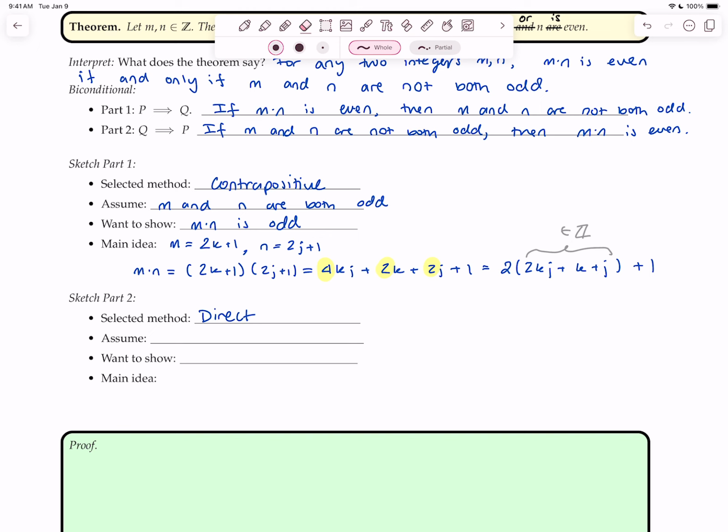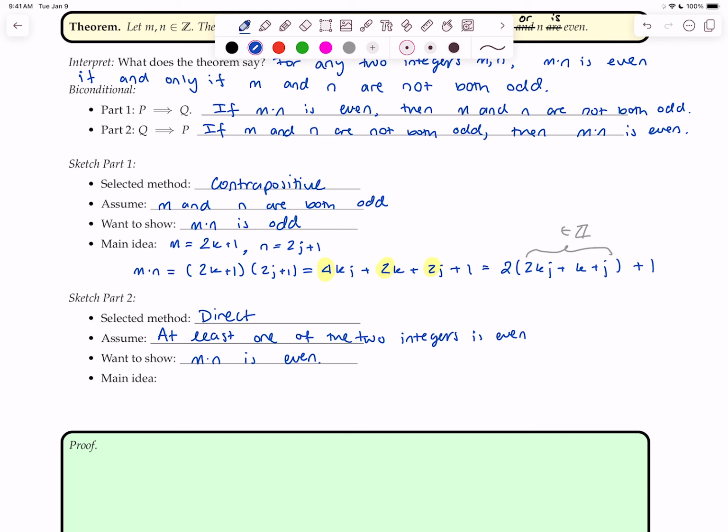We're allowed to assume at least one of the two integers is even, right? M and N are not both odd, so at least one of them is even. And what would we want to show? We want to show that M times N is even.